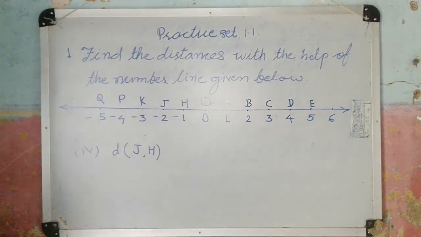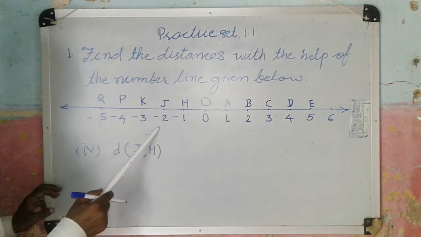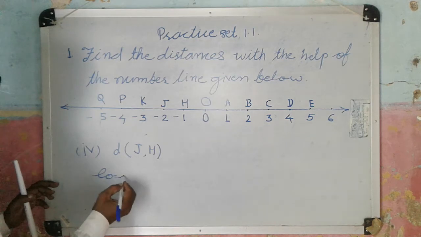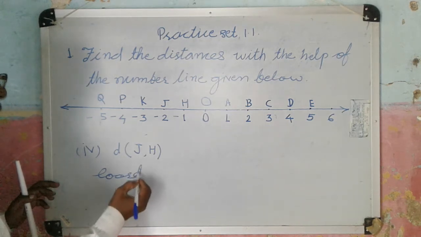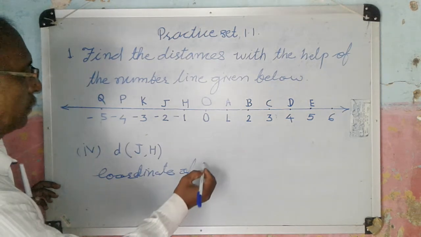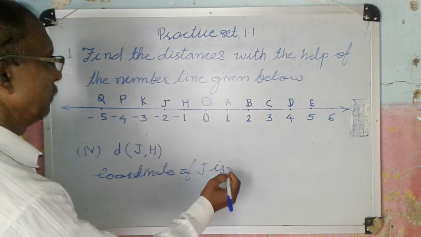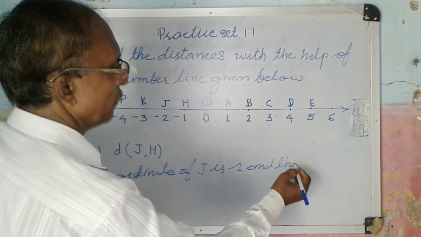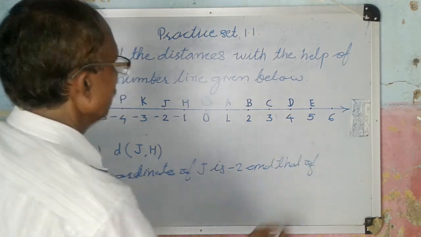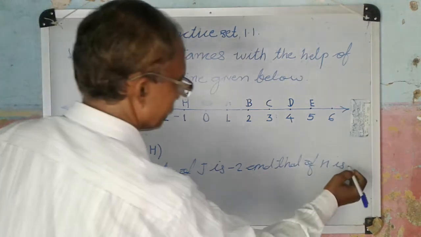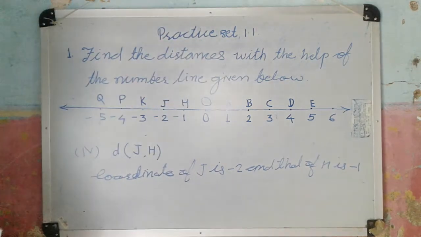Now here, coordinate of J is minus 2 and coordinate of H is minus 1.